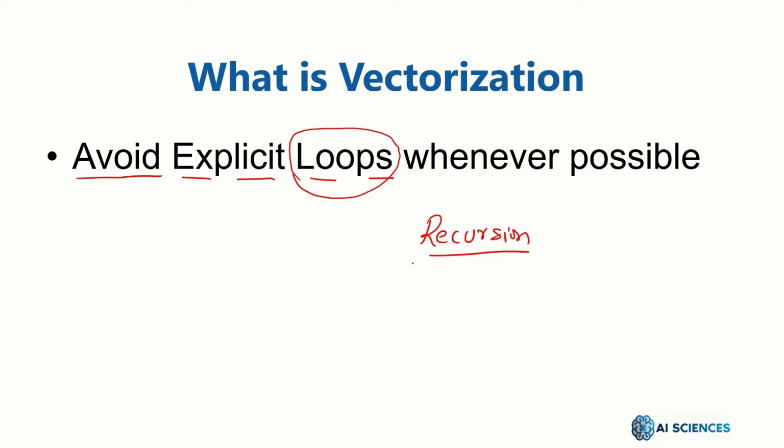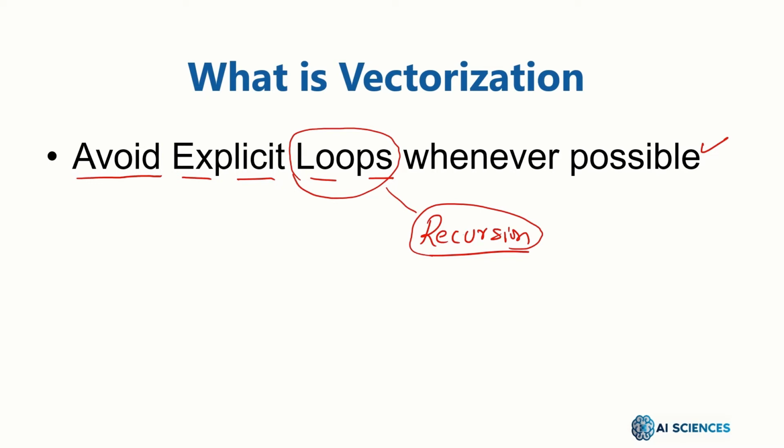Well, the whole point, as we saw on the previous slide, is to reduce the number of statements that are interpreted in an interpreted language. So whether you use recursion or a loop, the idea is the same. So should we define vectorization as avoiding just loops? Technically no. There are multiple aspects, but that is one kind of definition that people come up with when they say vectorization: avoid explicit loops.